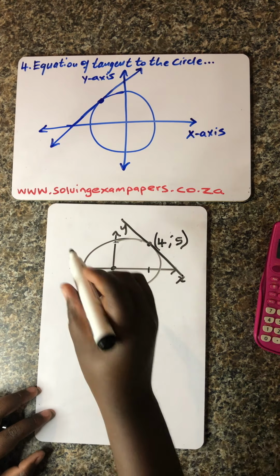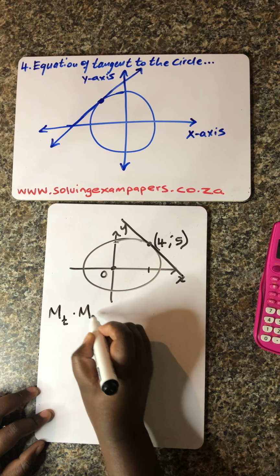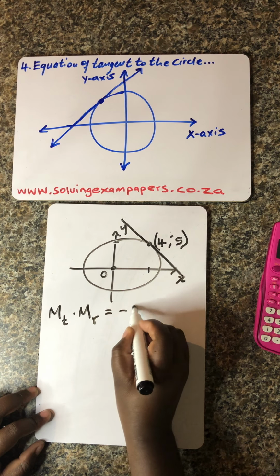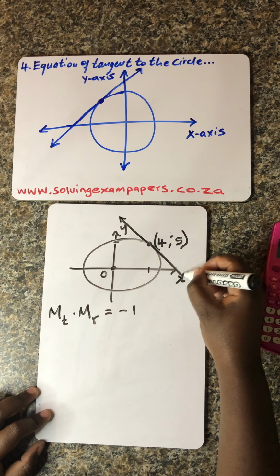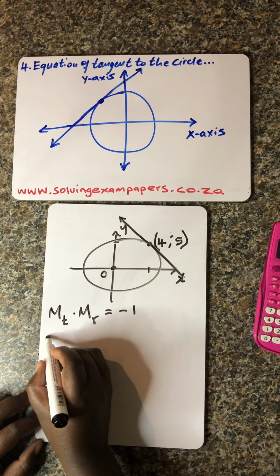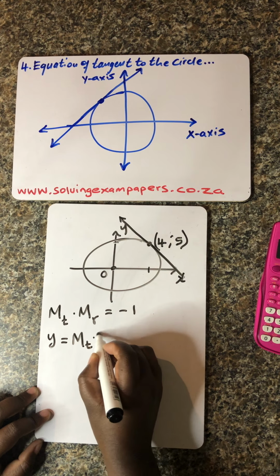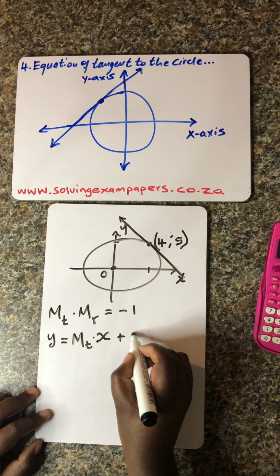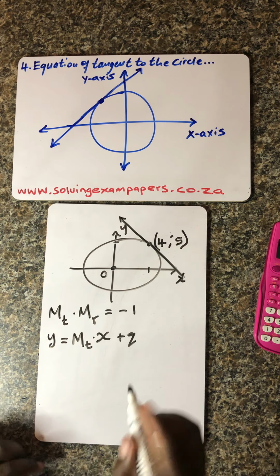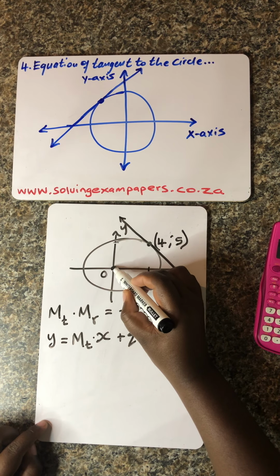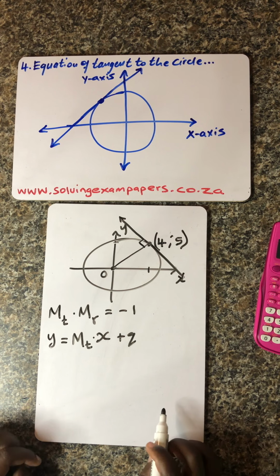What matters the most is for you to know that m of tangent multiplied by m of radius is equal to -1. And the equation of the tangent is an equation of a straight line. So y equals m of t multiplied by x plus q or c. So ladies and gentlemen, your first step is to determine the gradient of that radius.